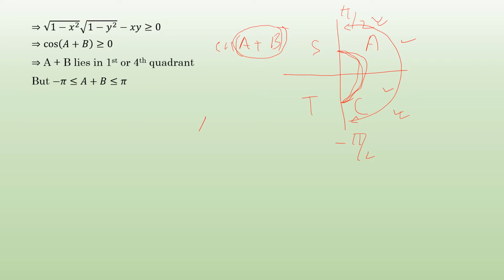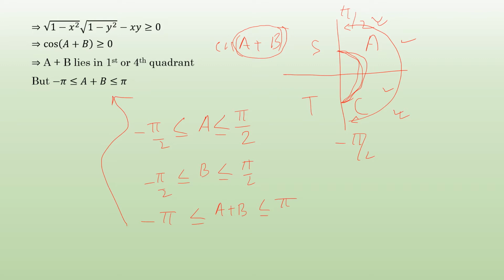A was situated in the branch minus pi by 2 up to pi by 2, you see in your copy, and b is also situated in that branch, that is from minus pi by 2 up to pi by 2. Then adding this, it is minus pi by 2 minus pi by 2 is minus pi, less than or equal to a plus b only, and less than or equal to pi by 2 plus pi by 2, which will be equal to pi only. So that is why I am writing this part here.